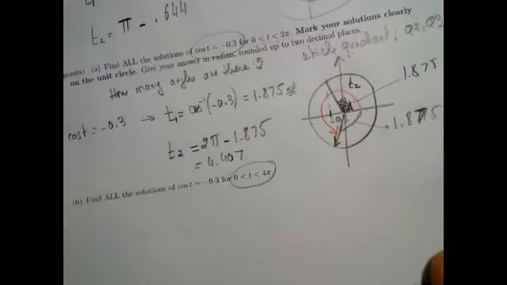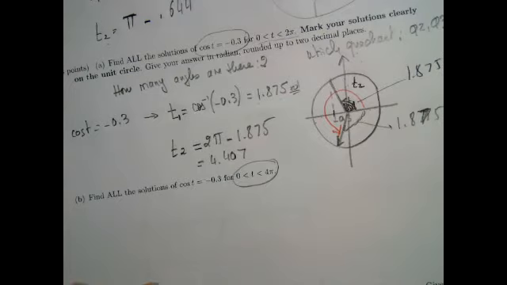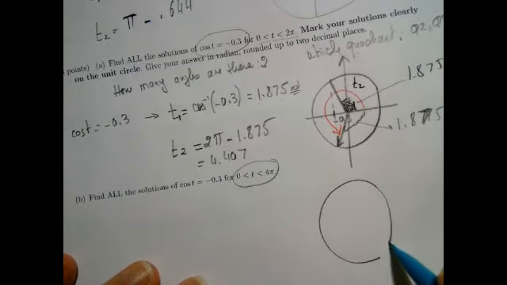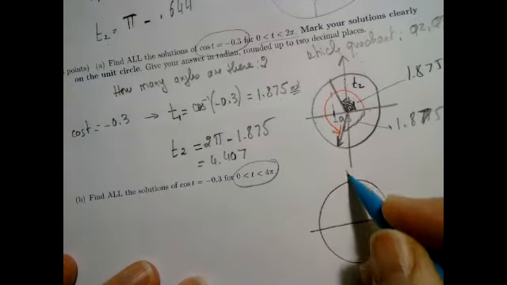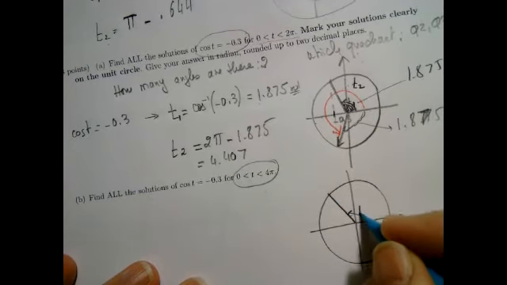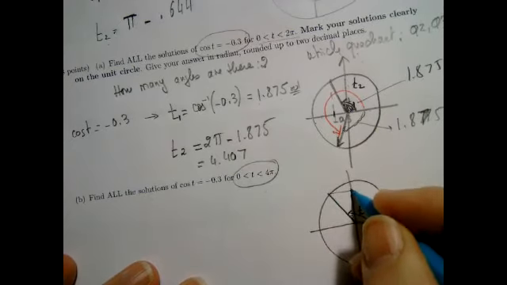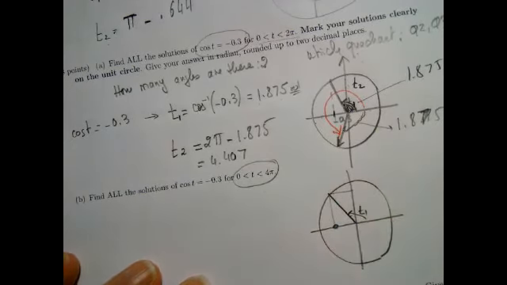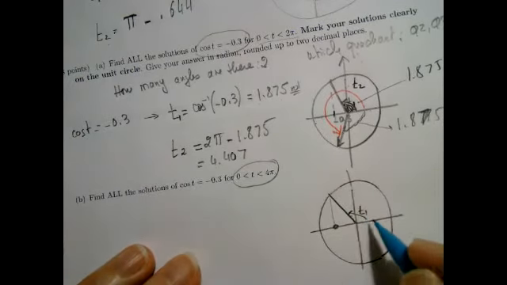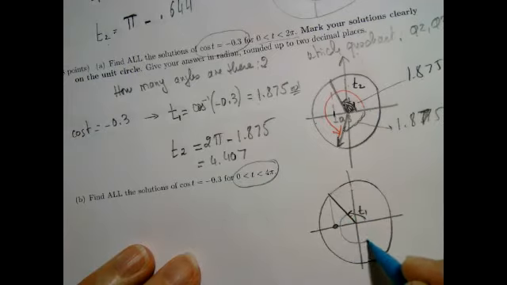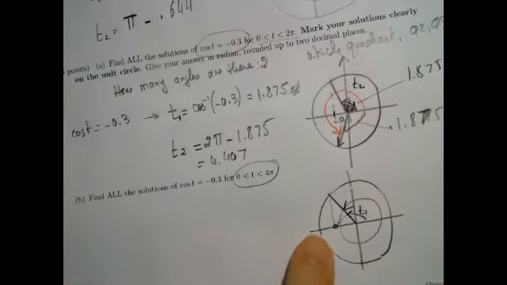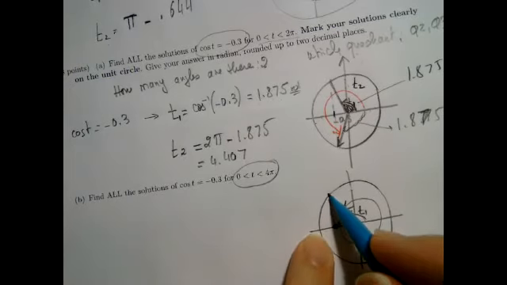Now between 0 and 4 pi, once I find the angle between 0 and 2 pi, then I am done, because this is my T1. Its cosine is minus 0.3. If I take this angle and go around the circle to here, I'm going to have exactly the same cosine.